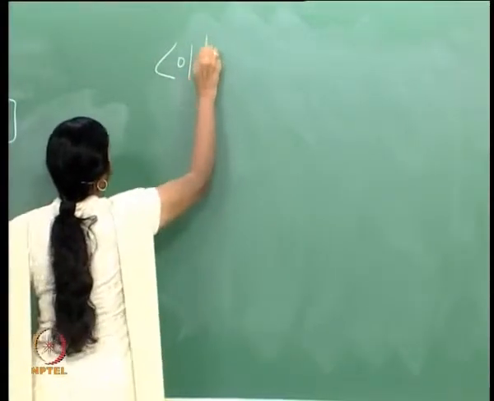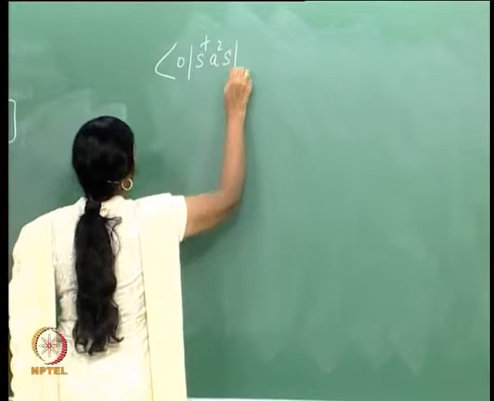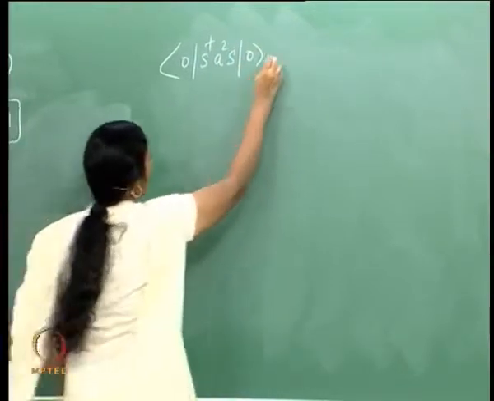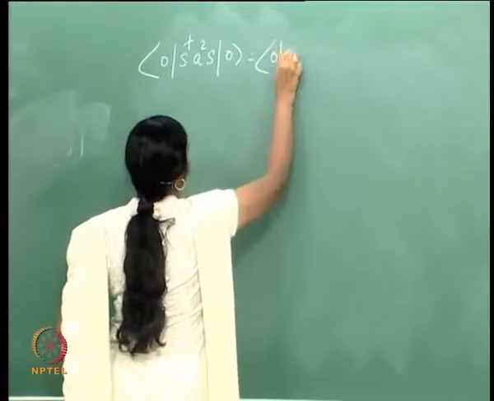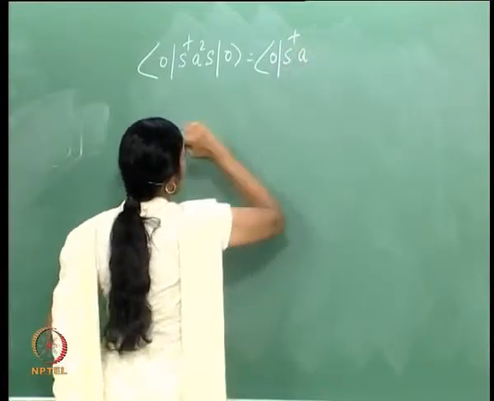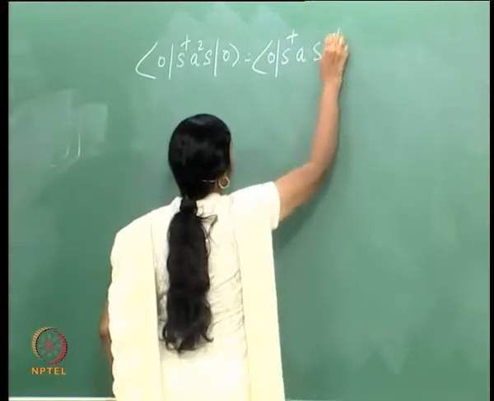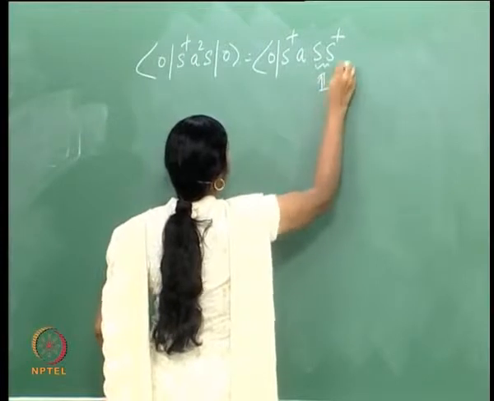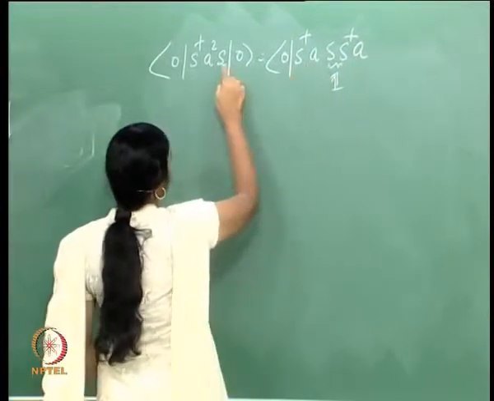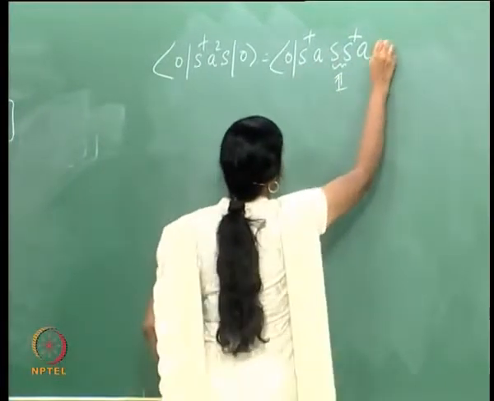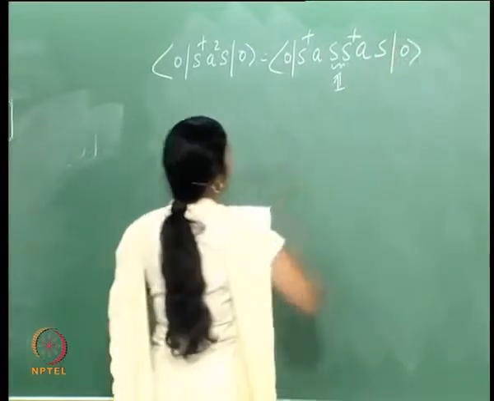Now, bra 0 S dagger A squared S acting on ket 0 can be written as bra 0 S dagger A, and I can insert an S dagger S because this is the identity out there. The A squared was written as A times A, S ket 0.